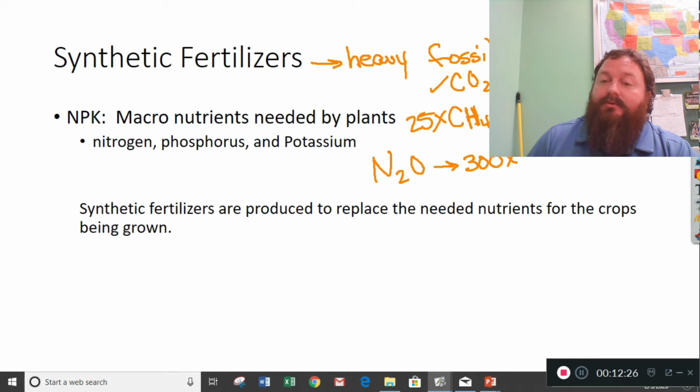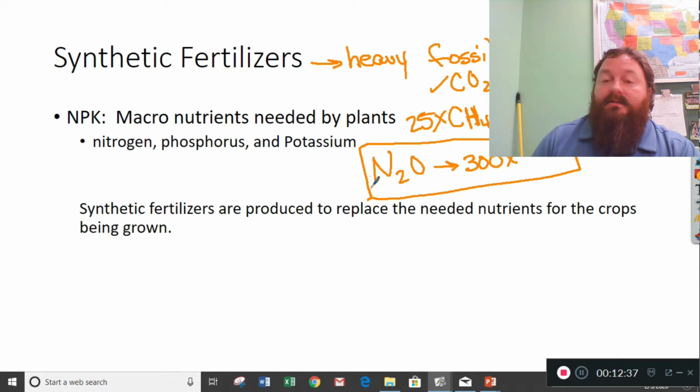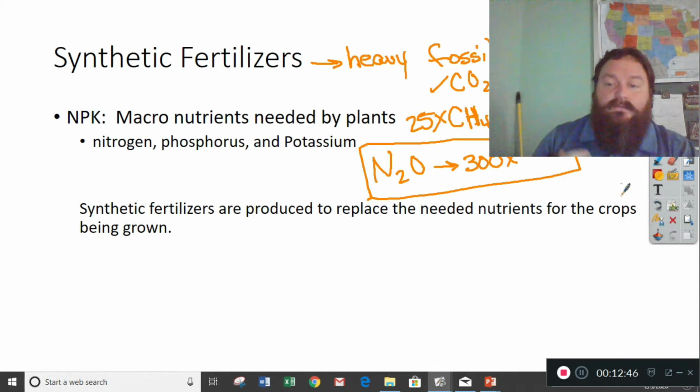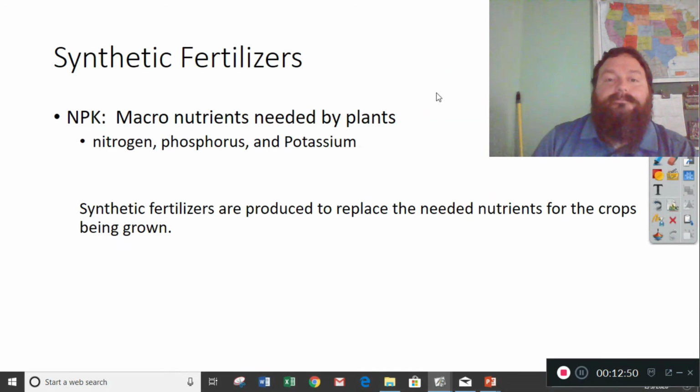This is one of the biggest producers. Synthetic fertilizers and synthetic pesticides are one of the biggest producers of nitrous oxide worldwide. And again, we don't produce huge quantities of it, but even at a small quantity, it's still going to be majorly impactful. And again, it's due to the fact that we need huge amounts of fossil fuel energy to make these fertilizers. We're having to force a reaction to happen. So to do that, we're putting energy into the system.